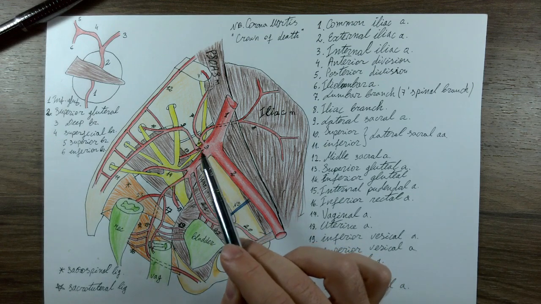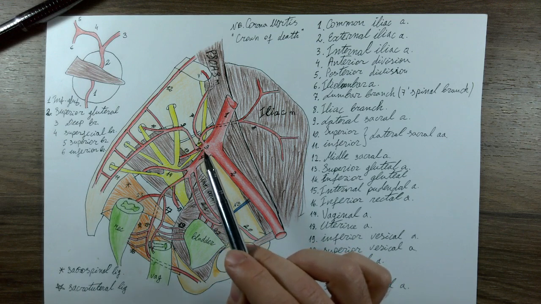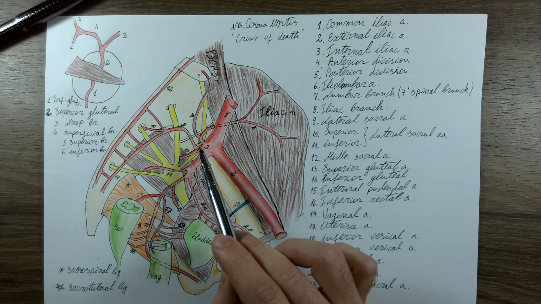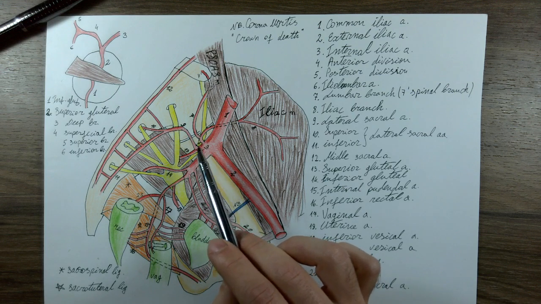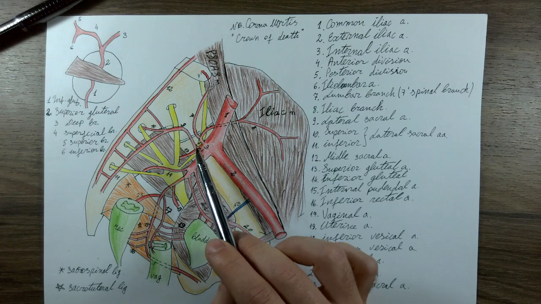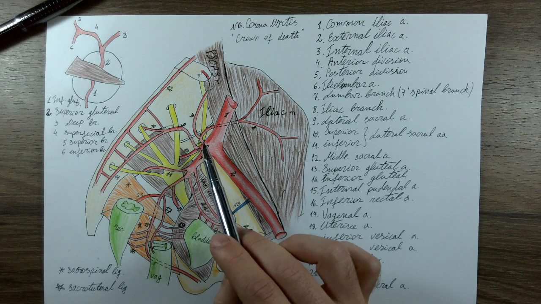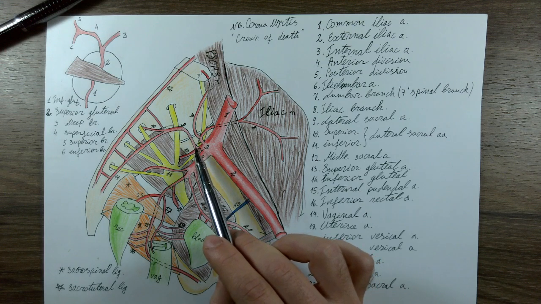Okay, so let's go and dive deeper into the theory behind each one of those guys. And let's start first with the posterior branch. Along the length, you would see two main arteries originating from it, and these are the iliolumbar artery and the sacral artery.